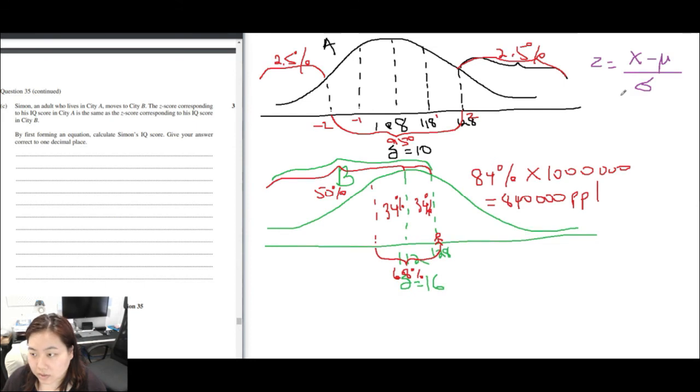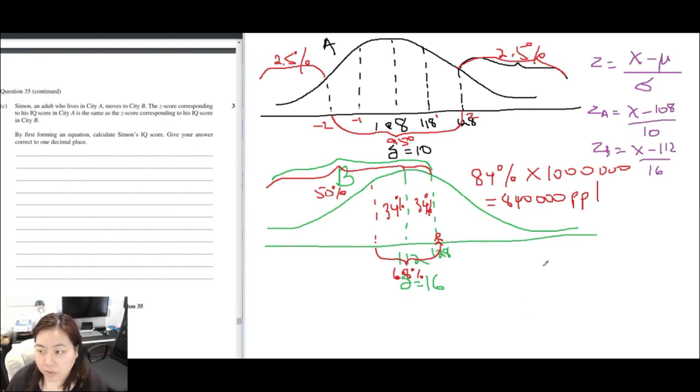So his Z-score is the same in both cities. Let's do Z-score in city A first. It'll be his score minus the mean over the standard deviation. And Z-score in B would be his score minus the mean over the standard deviation.